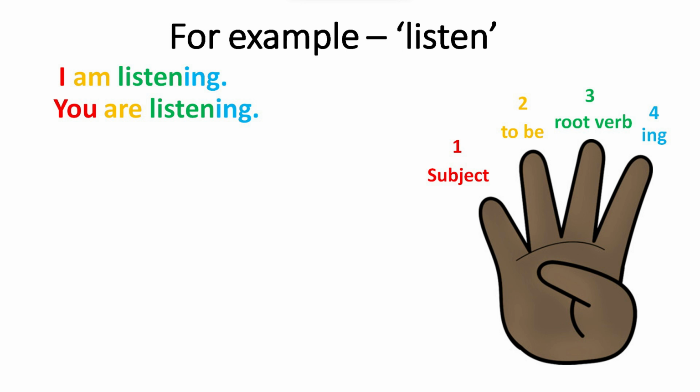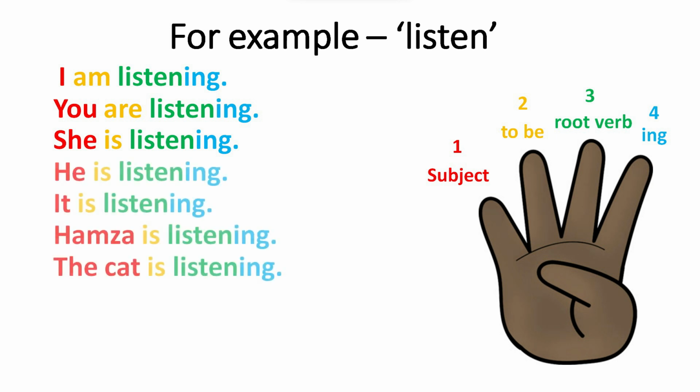If the subject is she, we would say she is listening. 1, 2, 3, 4. And this is the same for subjects he, it, one name and one thing. She is listening, it is listening, Hamza is listening, the cat is listening.